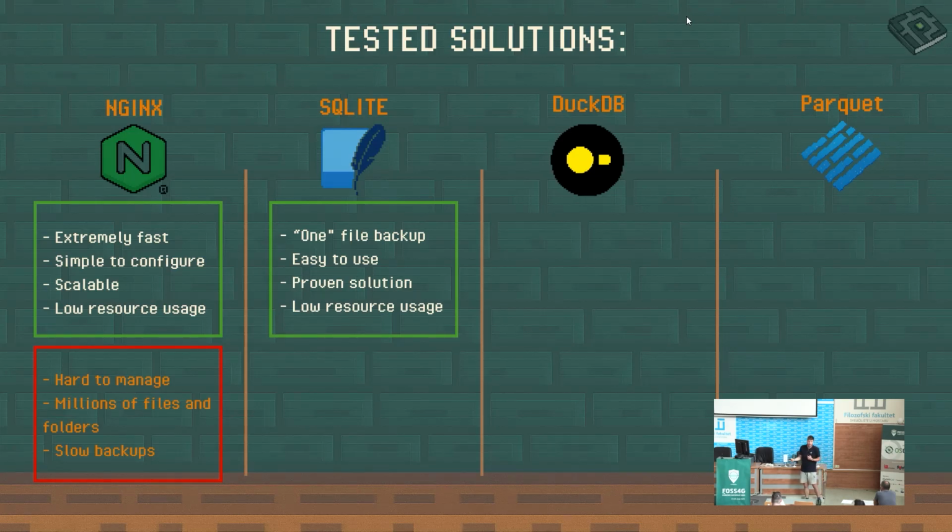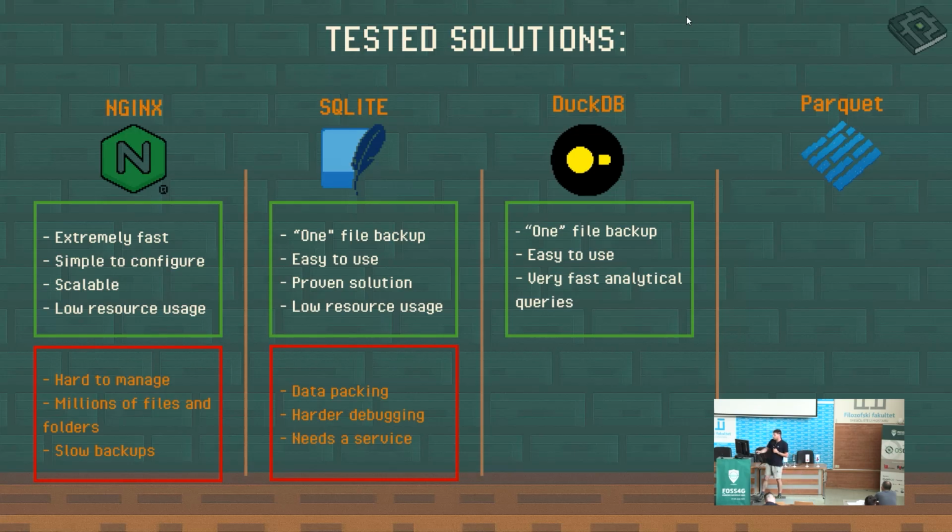It's a proven solution, as I mentioned before, and also it has low resource usage. On the other hand, it requires us to package the data. Then, if we have some bug or a problem, it's a bit harder to solve that problem, and we need a service to serve that data.